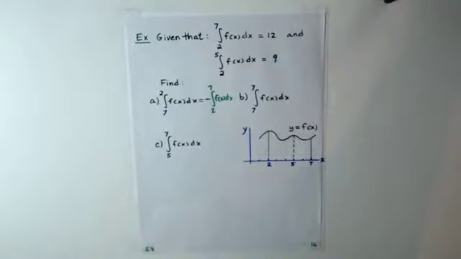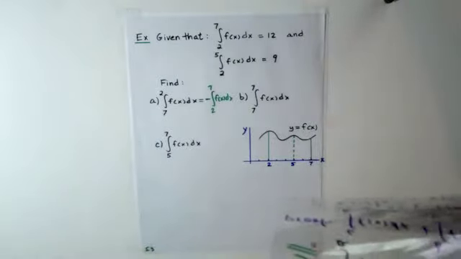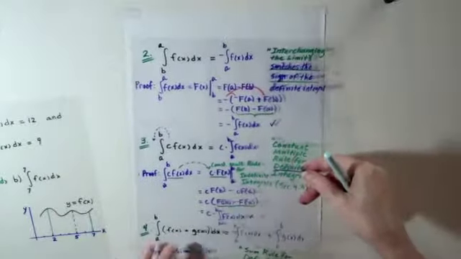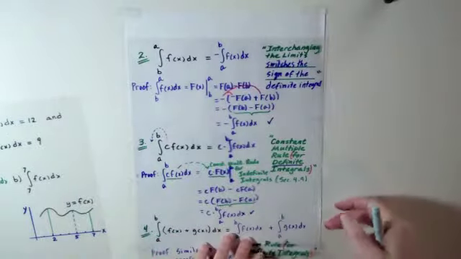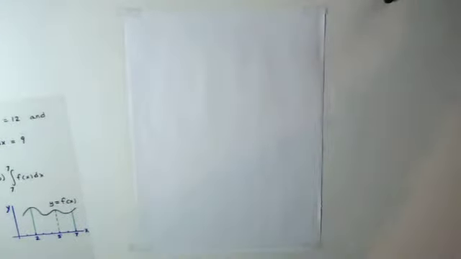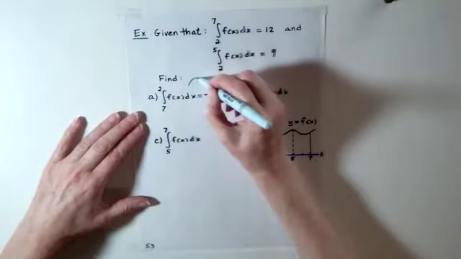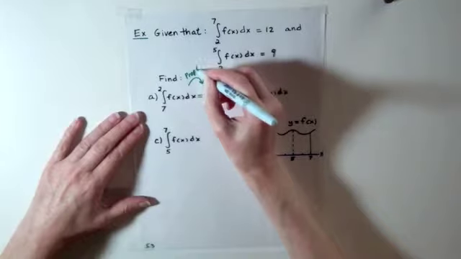I don't have the numbers memorized, so it's not terribly important, but I think that was property number 2. If you remember, property 2 said when I switch my limits of integration, it changes the sign of the definite integral. So I'm just going to put a little note here to justify that step. That was property number 2.